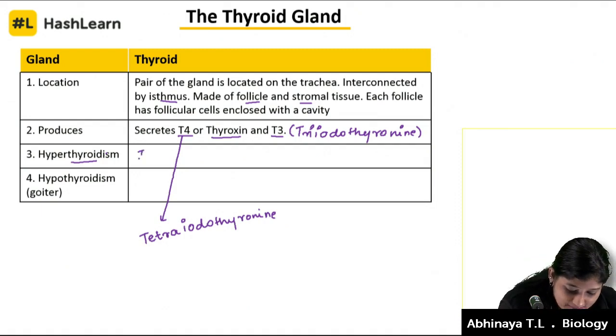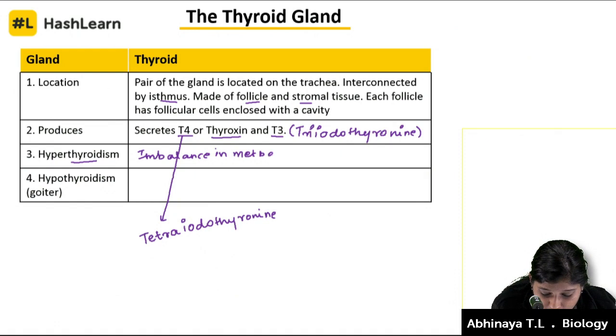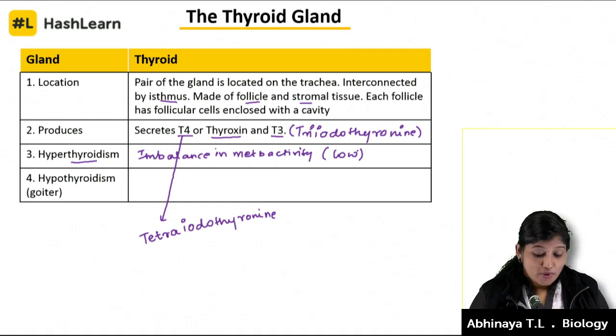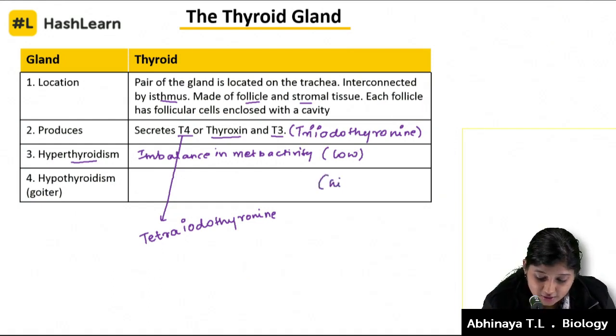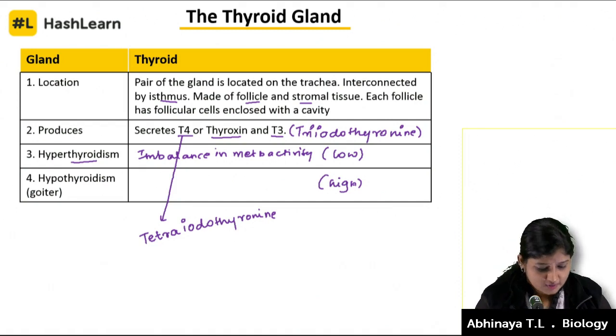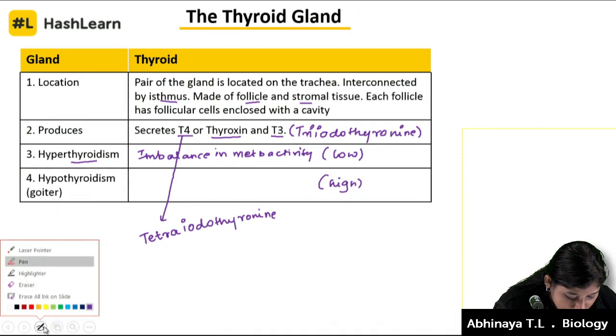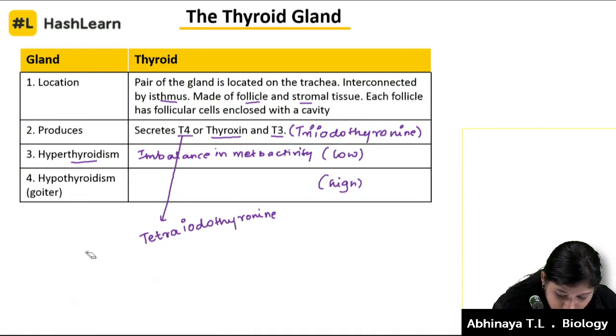So I'll just write it as imbalance in the metabolic activity, when the hormones are low in amount. When they go high in amount, it leads to hypothyroidism. Okay, hyper is high. I'm sorry, I think I have put this in wrong.